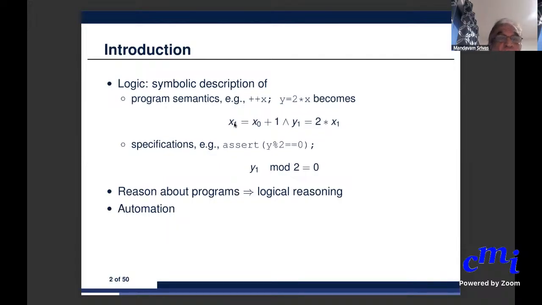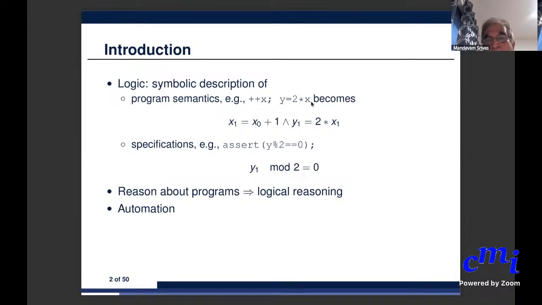So I will be talking more about program semantics, different ways we can use logic to model the behavior of programs.